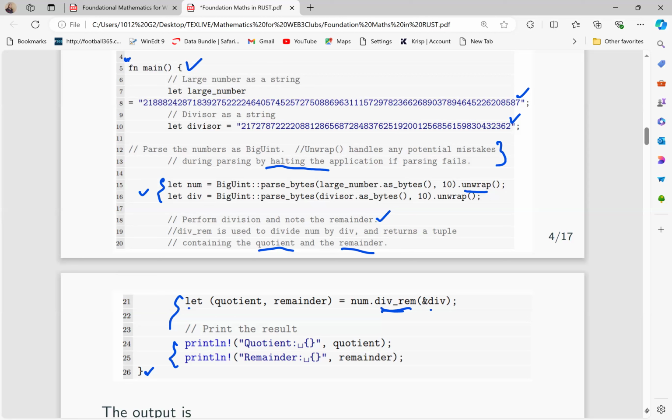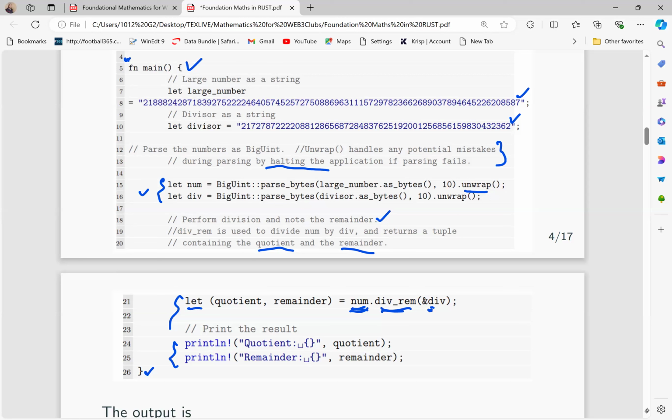This part is what I've said: let quotient and remainder equal the number divided by the divisor. When that happens, it's supposed to return the quotient and the remainder. So I've said let that be that.